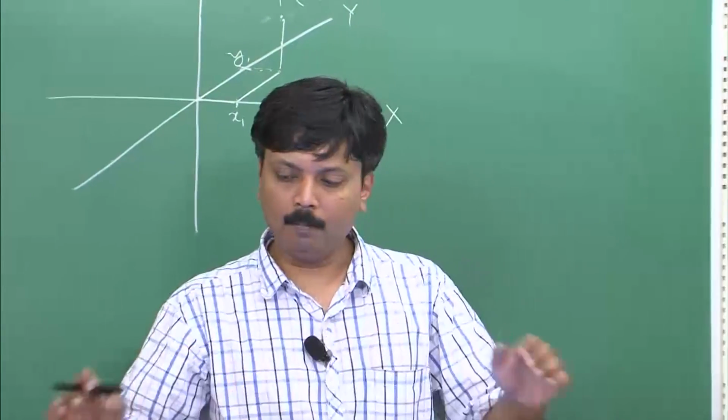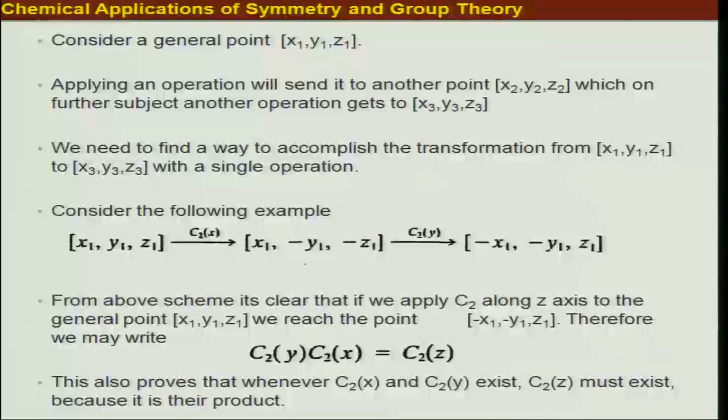So if we come back to the screen here, we are considering this general point x1, y1, z1, which we have given the name P. Now, if we apply any operation, that will send this point P to another point, say P1, which has coordinates x2, y2 and z2, and if we apply another operation on this one, then the point will go to another configuration x3, y3, z3, right.